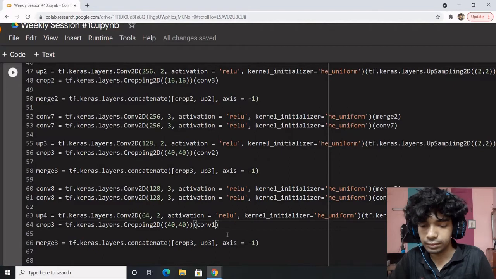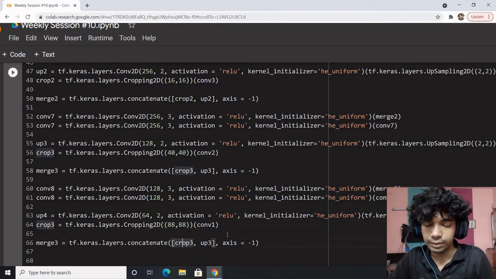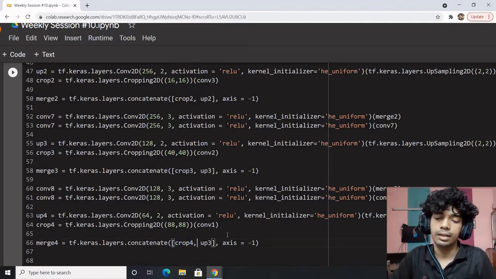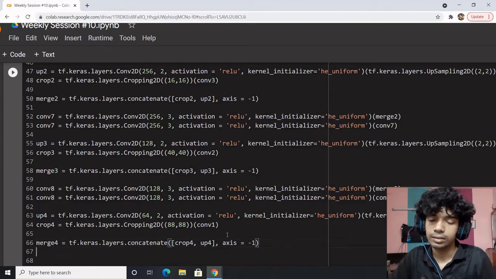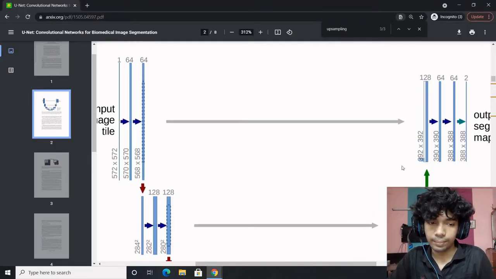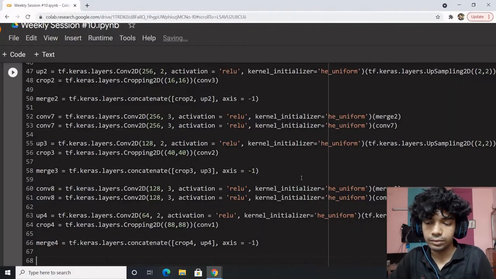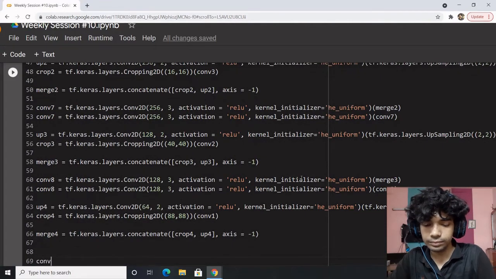So we need over here a cropping of 88 on both the ends. Once that is done, we would have crop 4 and up 4. Following this, we have 2 convolutions, which I call convolution 9.